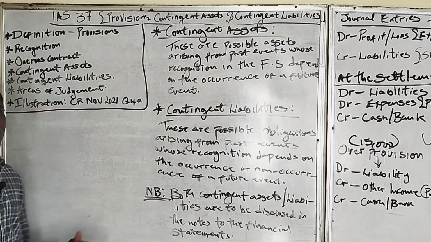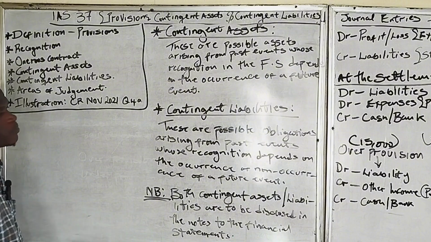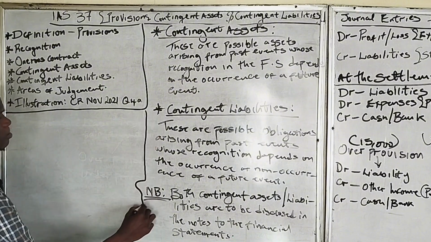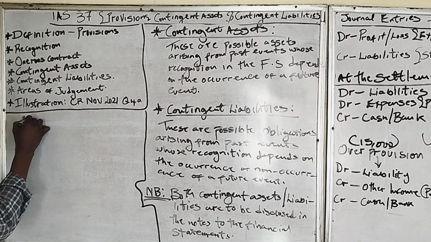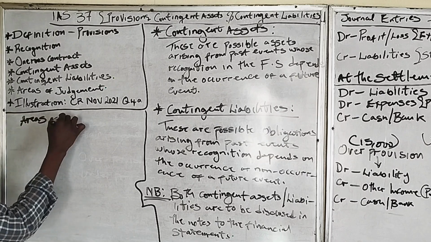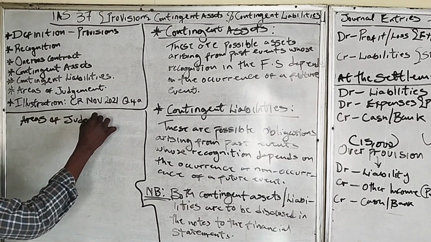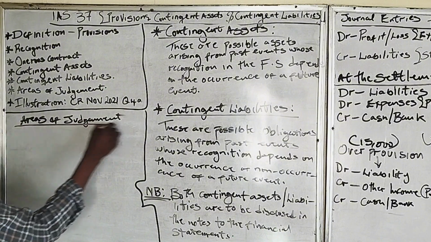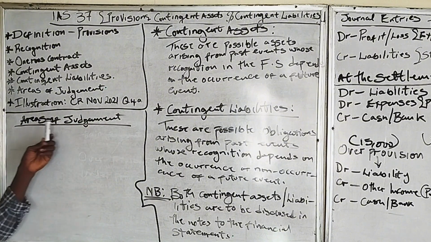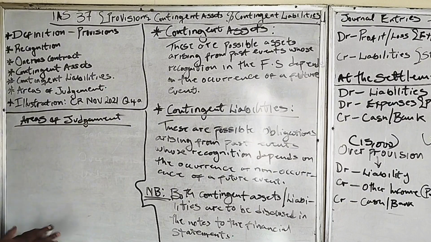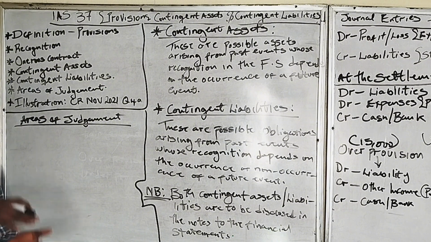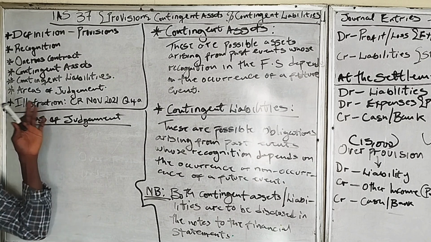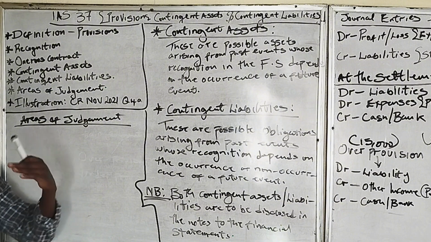So that's for that. So now to the areas of judgment. The areas of judgment mean that you as an accountant, those places which you should actually be able to determine yourself. There is no principle or particular policy relating to it, but you should be able to detect these particular things as a professional accountant. So the areas of judgment in relation to IAS 37, which is provisions, contingent assets, and contingent liability.